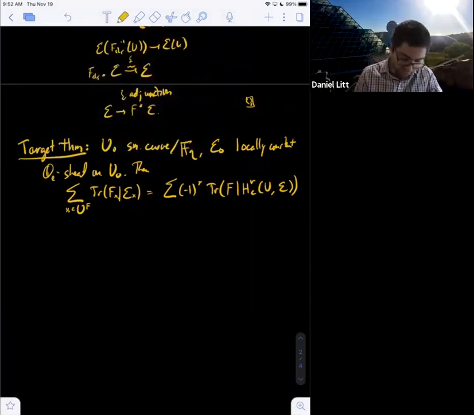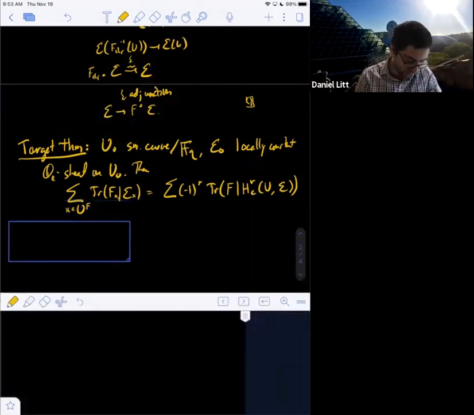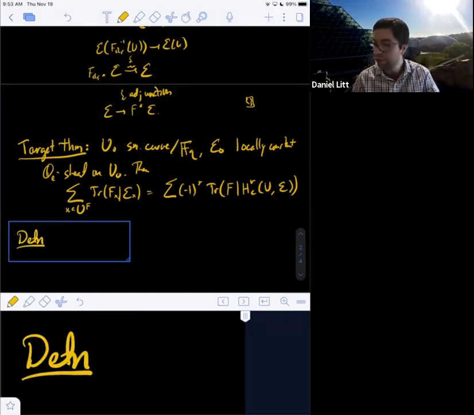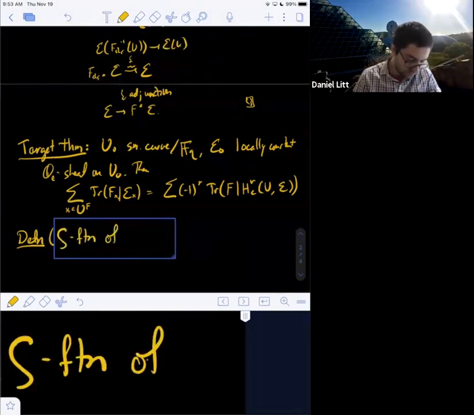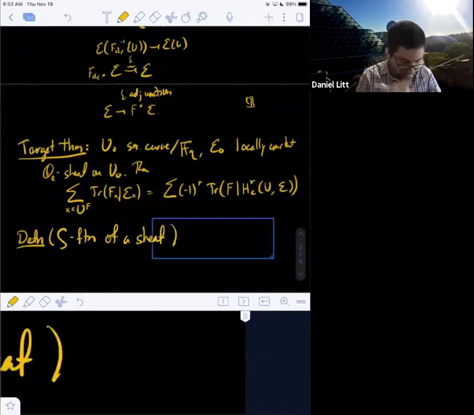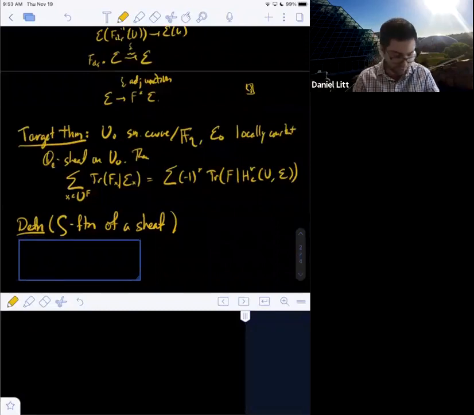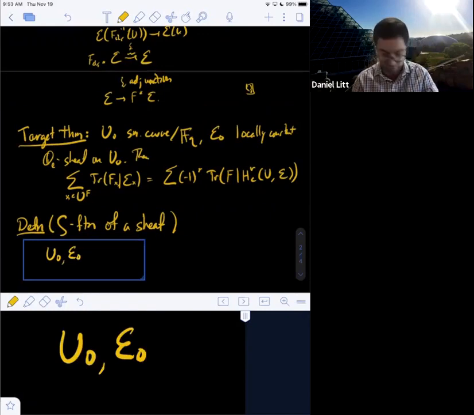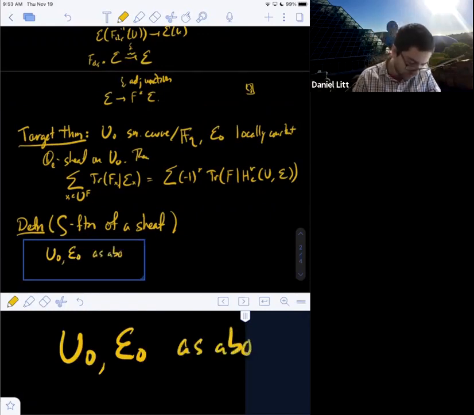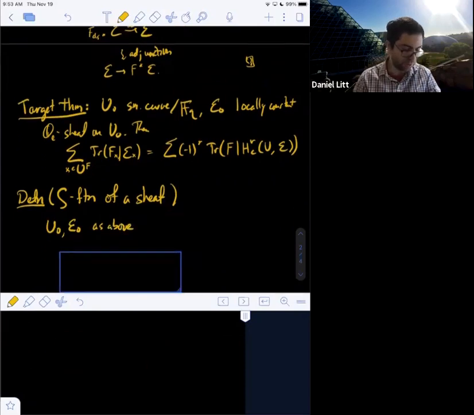Okay, so with this in hand, we can make a definition. This is the definition of the zeta function of a sheaf. So here's the situation. U naught and E naught will be as above. U naught will be a smooth curve and E naught will be a locally constant Q_l sheaf on U naught.